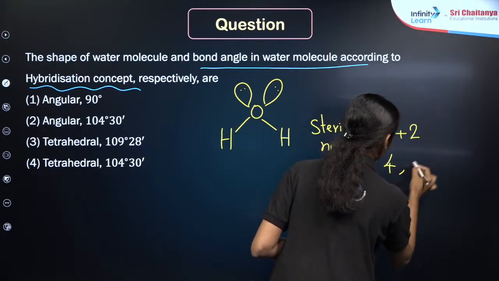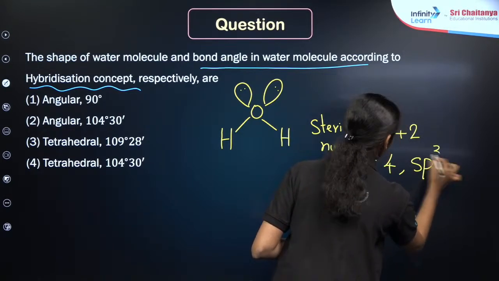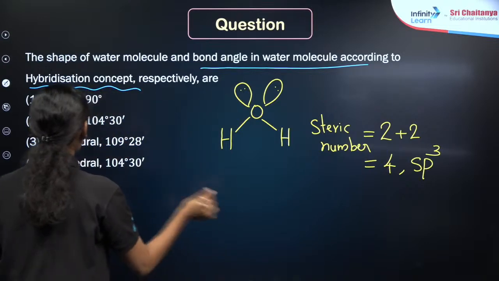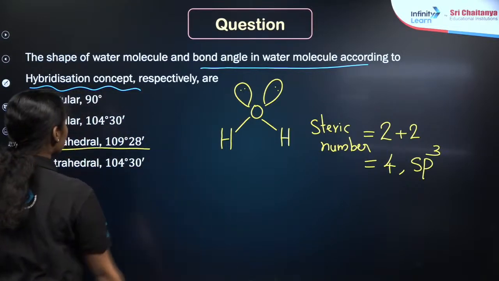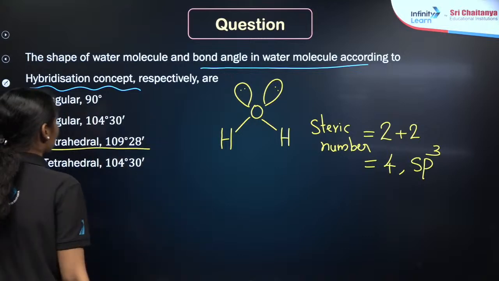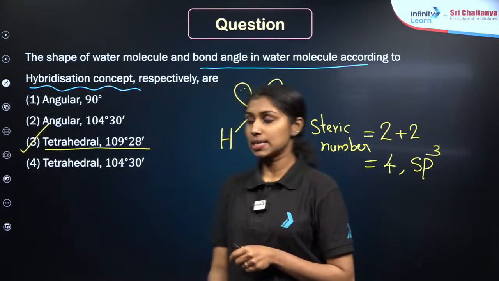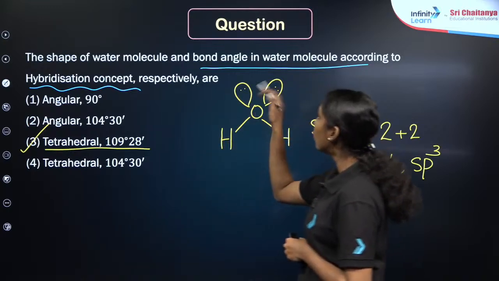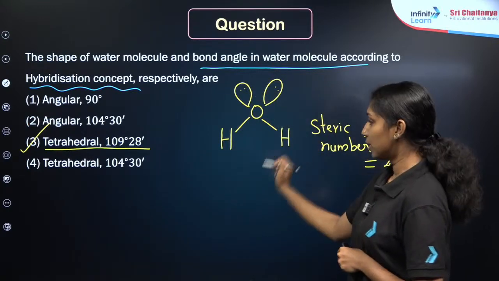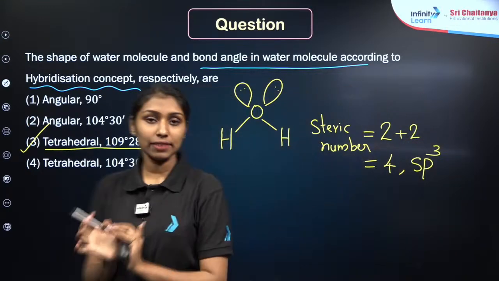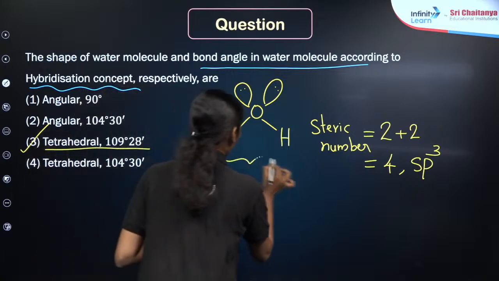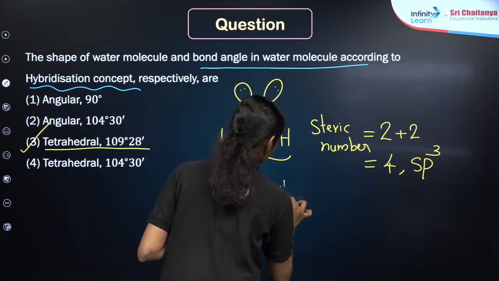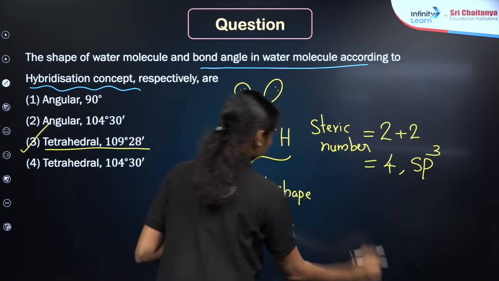If the number is 4, we call it sp3 hybridization, right? sp3 hybridization means tetrahedral geometry is present here, having a general angle of 109 degree 28 minute. Clear? According to the hybridization concept, tetrahedral and 109 degree 28 minute will be the bond angle as well as the shape of the water molecule. But if we consider the VSEPR theory, the shape will be bent. Clear?